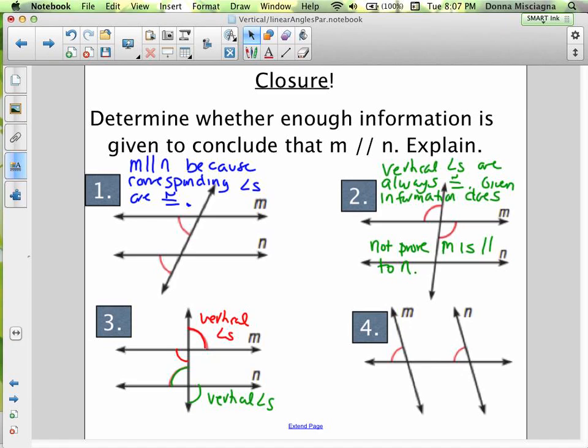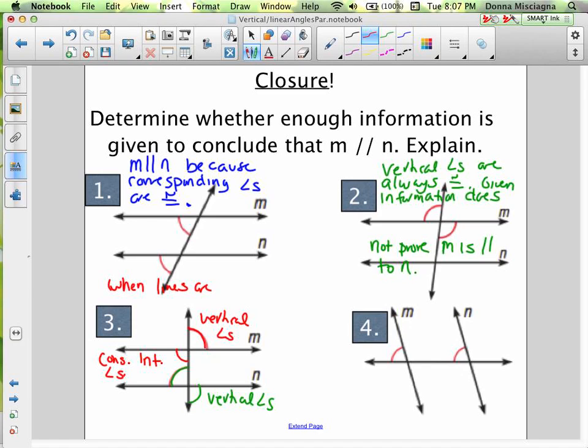Now let's take a look right here at what kind of angles we have on the inside. These are consecutive interior angles. And we know when lines are parallel, I'm going to write it up here, the consecutive interior angles are supplementary.